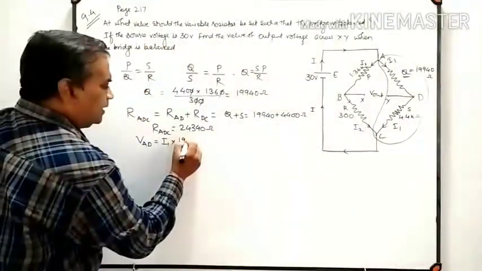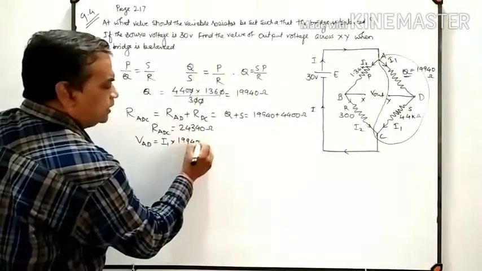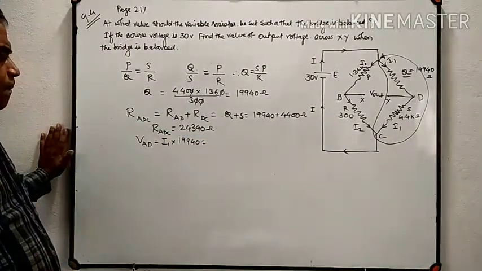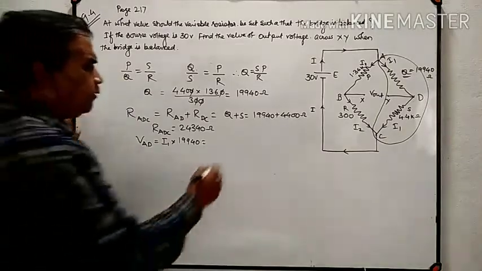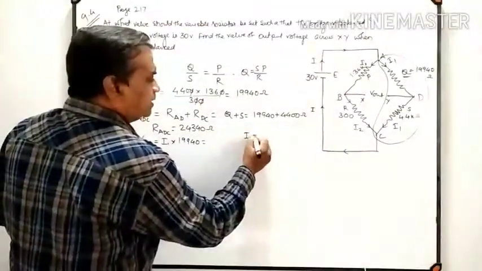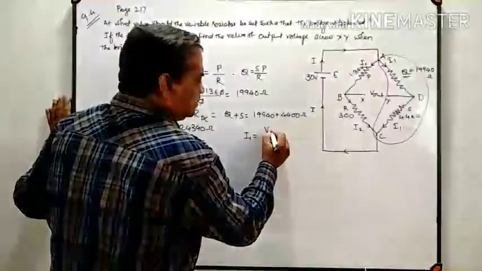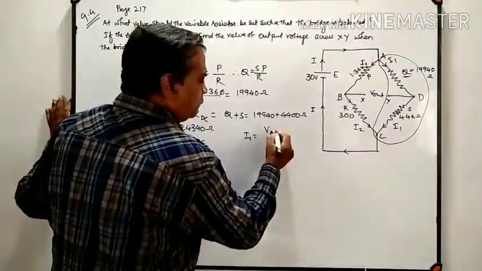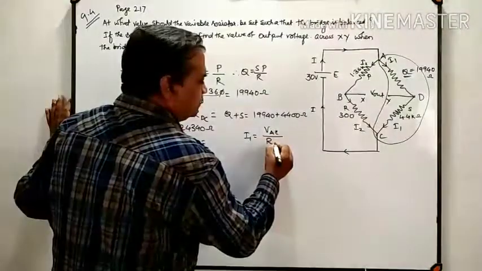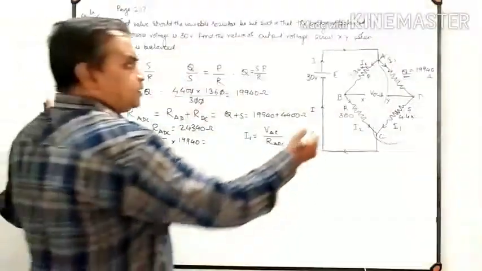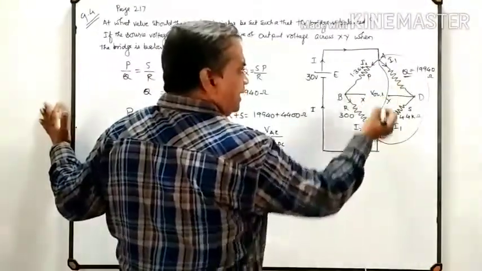It is 19940. Now to find out the value of I1, current I1 is equal to potential difference between point A and C divided by resistance between point A and C, that is RADC. What is potential difference between point A and C?